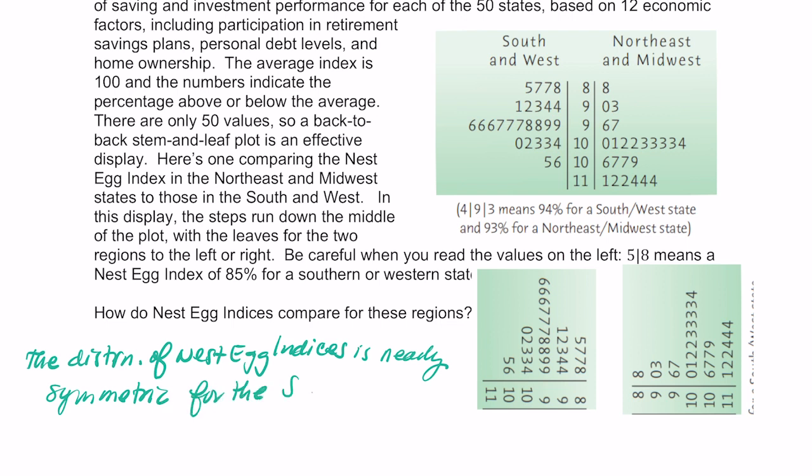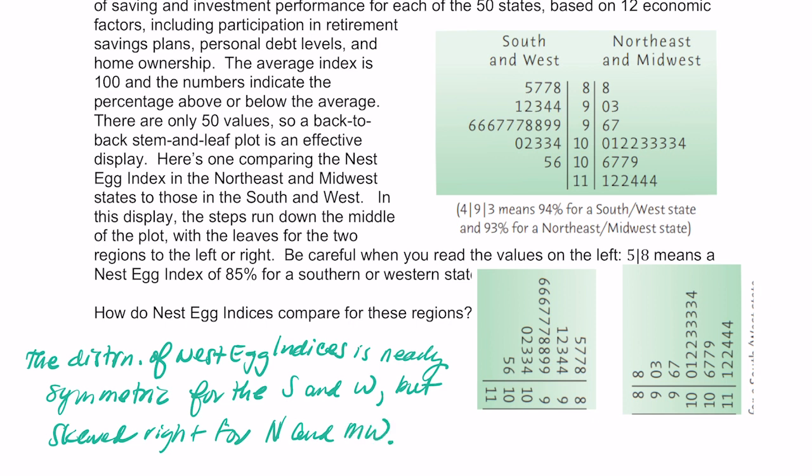And I'm just going to abbreviate S for south, W for west. But we said it was skewed right for the North and Midwest. And Midwest, I'll just call it MW.